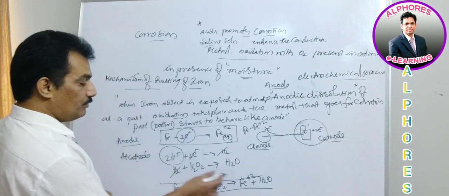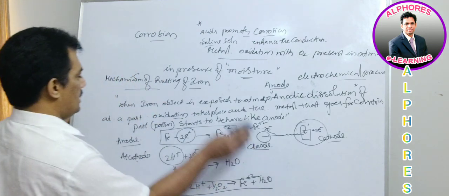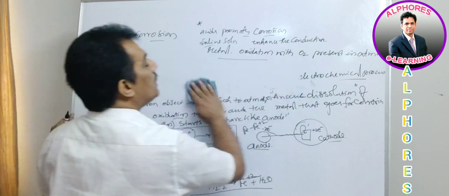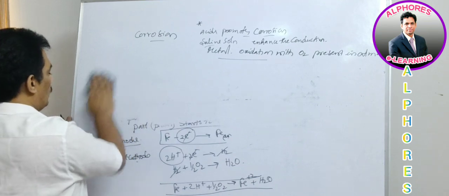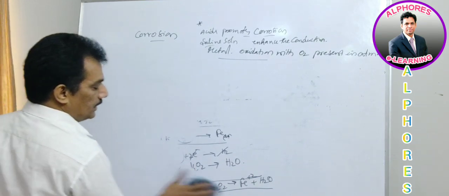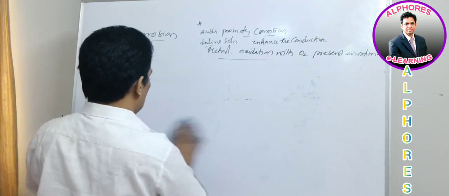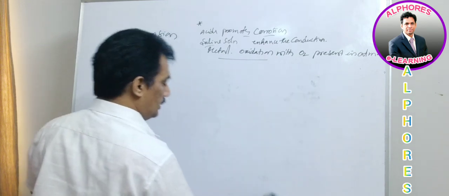Clear? And now after forming this ferrous ion Fe+2, that will further undergo oxidation to ferric ion at the anode, and thereafter it gets hydrated to form the rust.